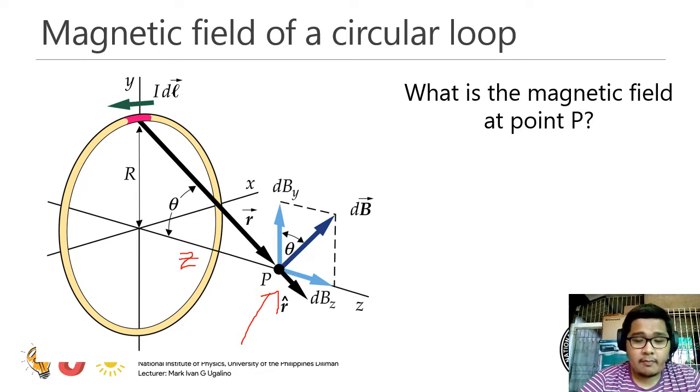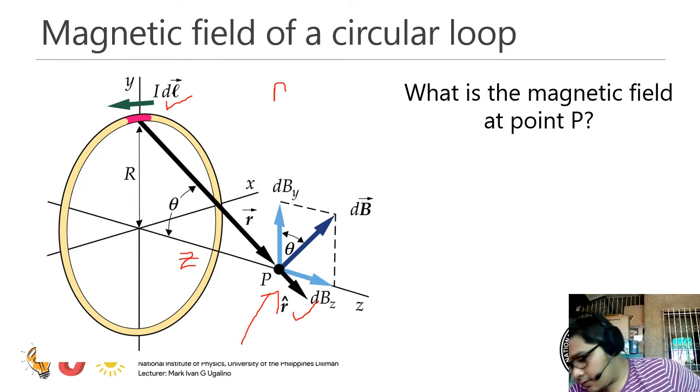Again, the important elements in this derivation are of course your dL, which is the infinitesimal length vector, and your r hat, which is your unit vector. Always remember that this unit vector is defined in terms of your position vector.